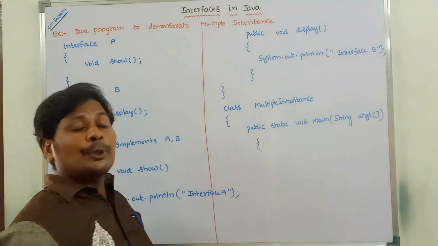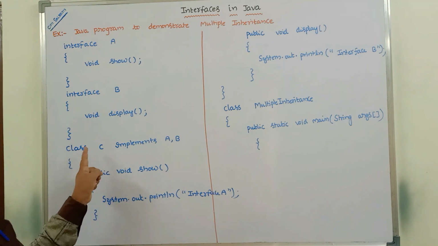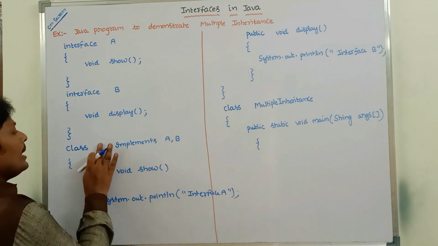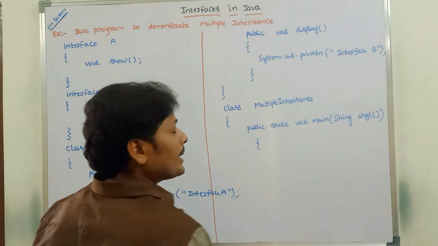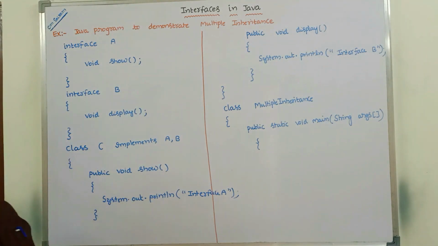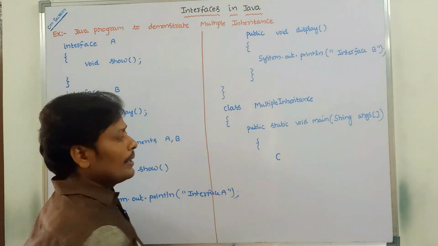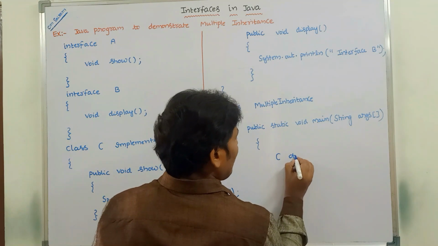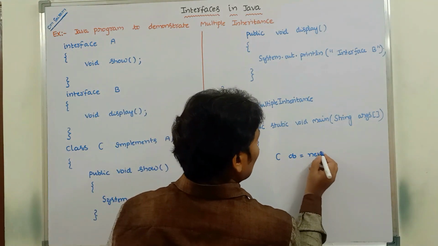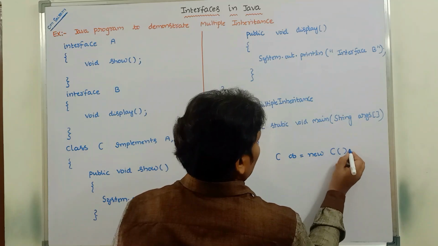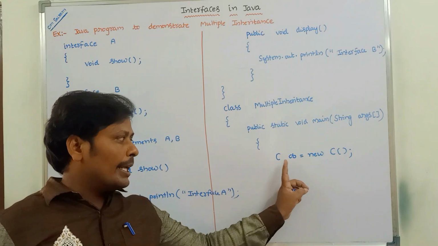Next, we have to create the object for class C. Here C is capital C. The object name is ob: C ob = new C().